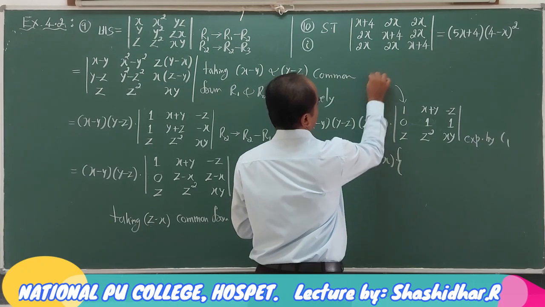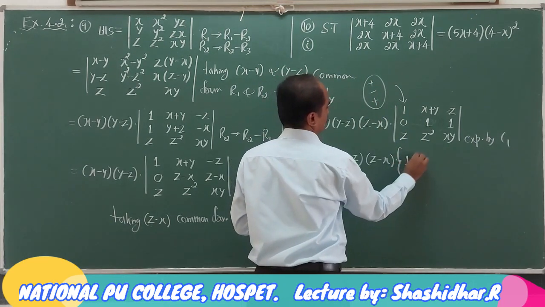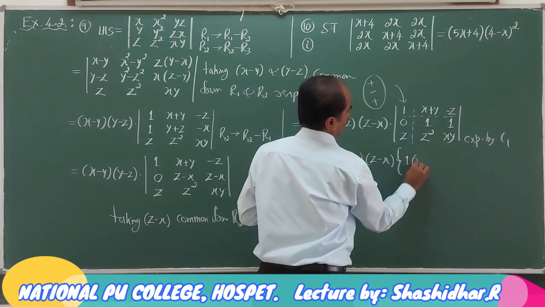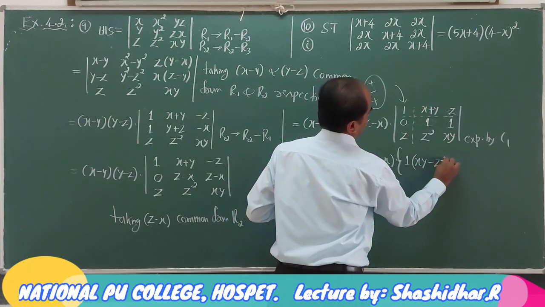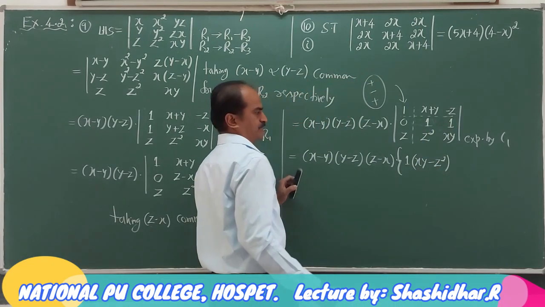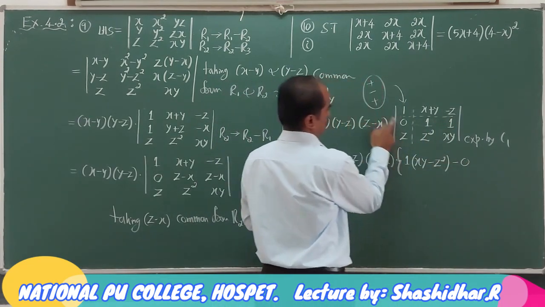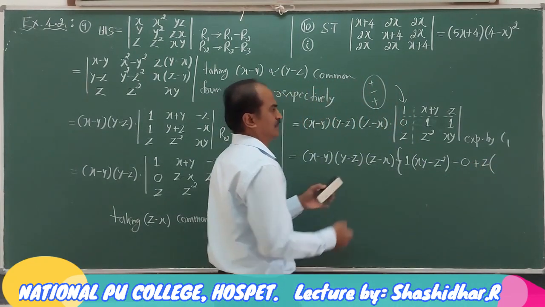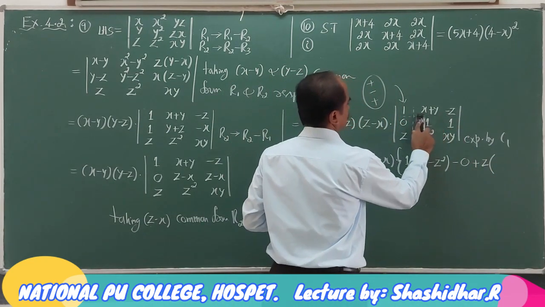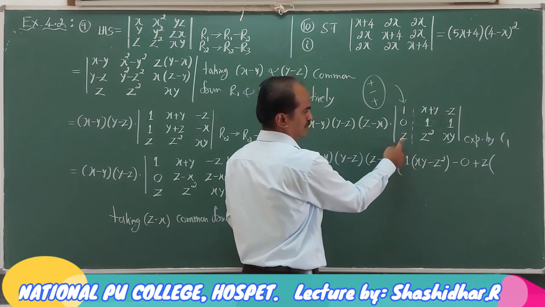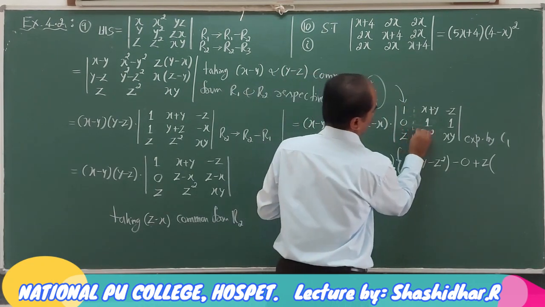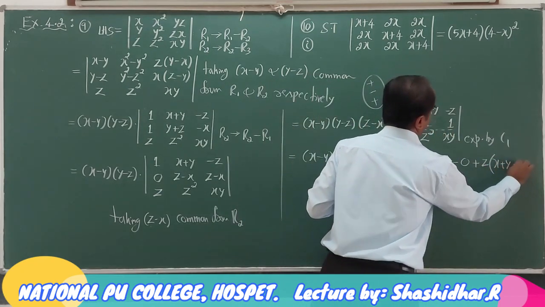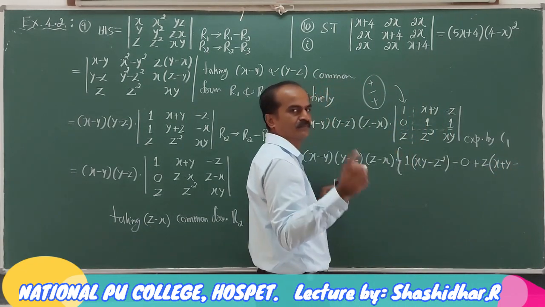Plus minus plus, plus 1 into, leave first row, first column, 1 into xy minus z square into 1 minus 0 plus z into, now you have to leave first column, by leaving this, x plus y into 1, x plus y minus 1 into minus z.